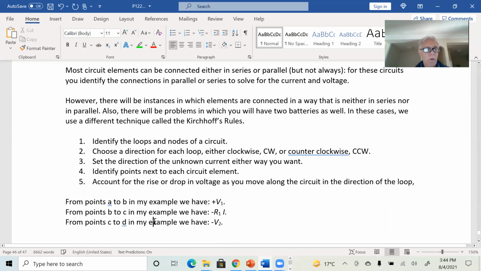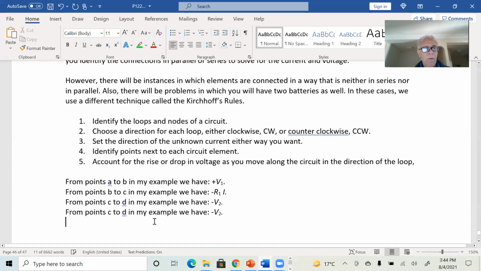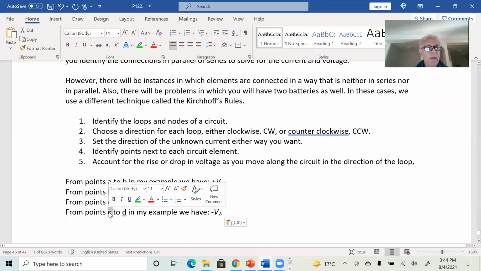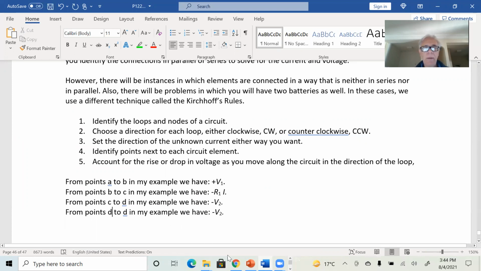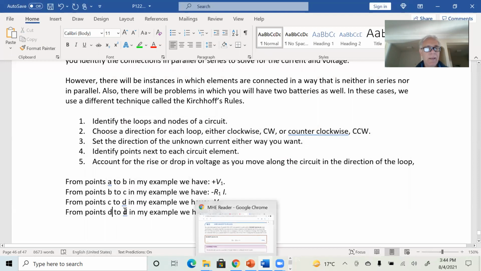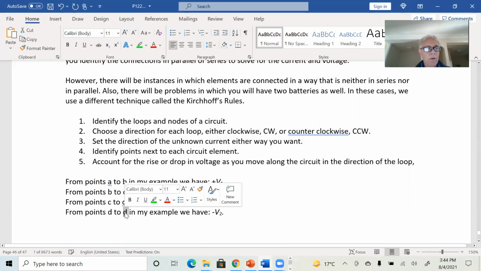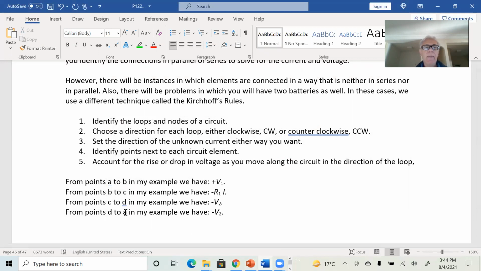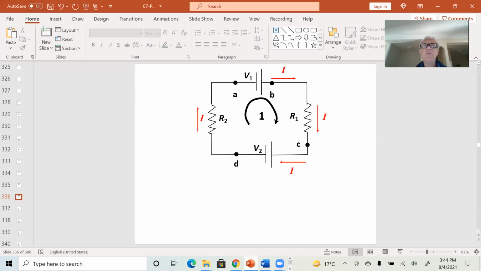Until we go a complete circle. We go from D back to A, back to the original point. In my example, we're going to have a resistor 2 times I, and because we're moving along the direction of the current, it's going to be a negative value as well.